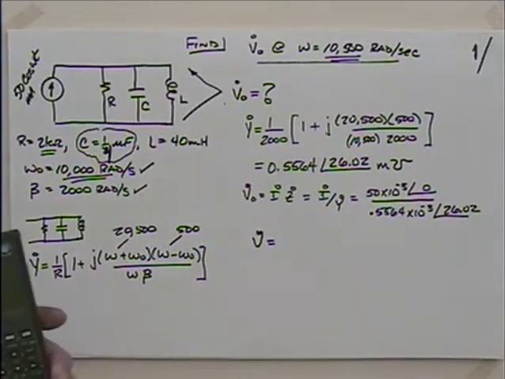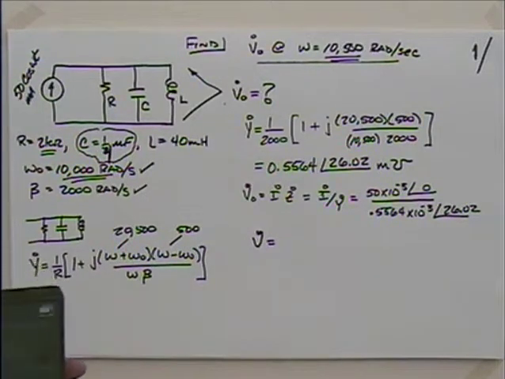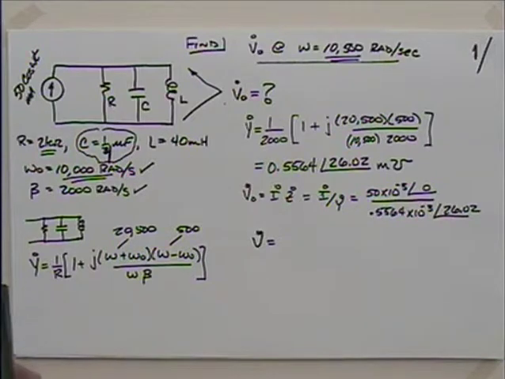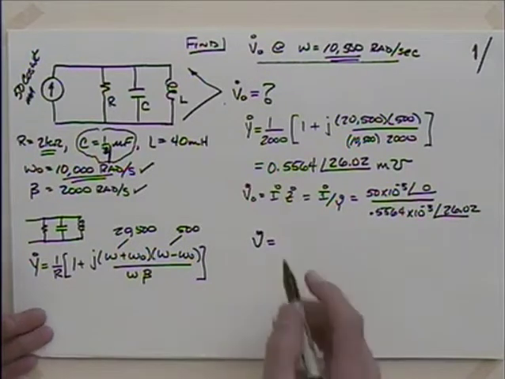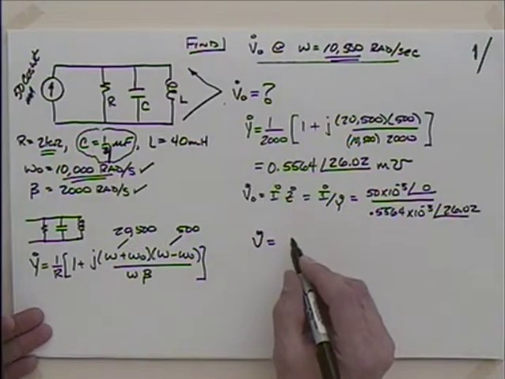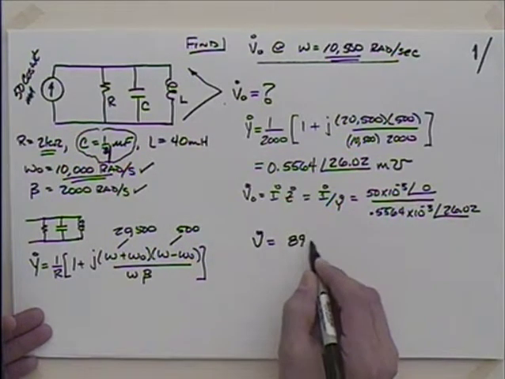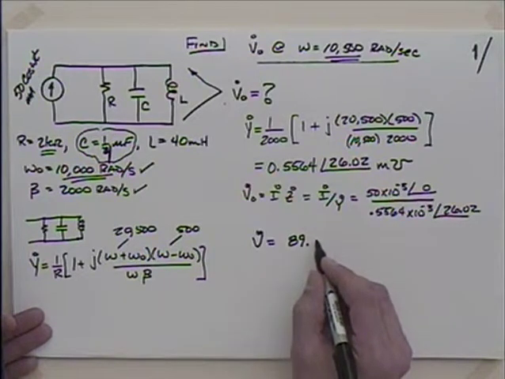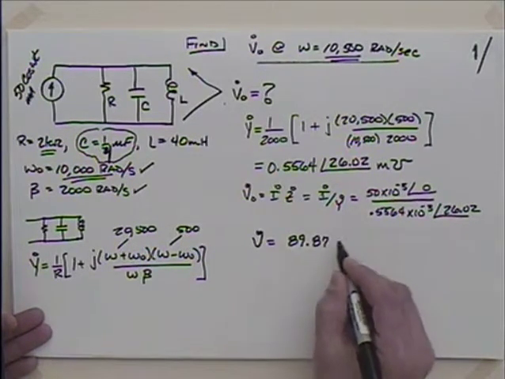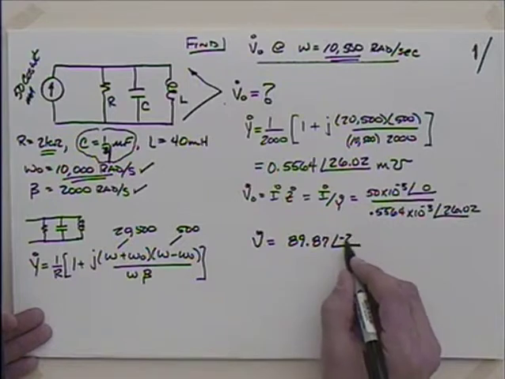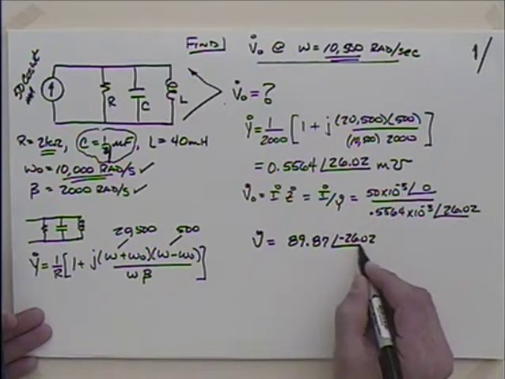So let's see. So we come up with 89.87 at an angle of minus 26.02.